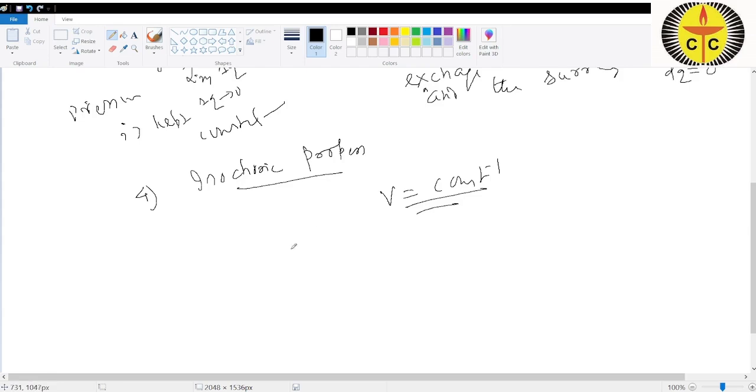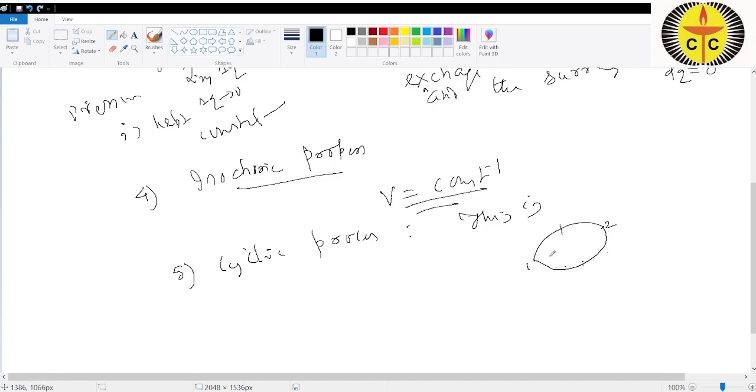Similarly, another procedure is the cyclic process. Suppose this is state point 1, here it comes to state point 2, then again after a series of changes, it comes back to this same point 1. So it returns to the initial state.